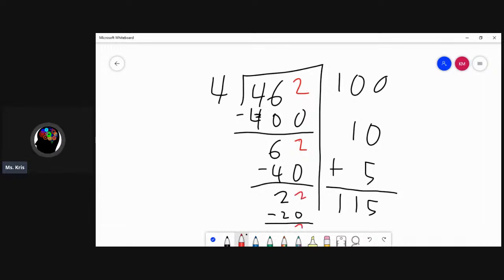So now you have a remainder of 2, which you can either write as 115 with remainder of 2, or the 115 remainder of 2 can become 115 and 2 over 4, which of course we know that 2 over 4 can be reduced to 1 over 2. Or once you divide that out, that should give you 0.5.